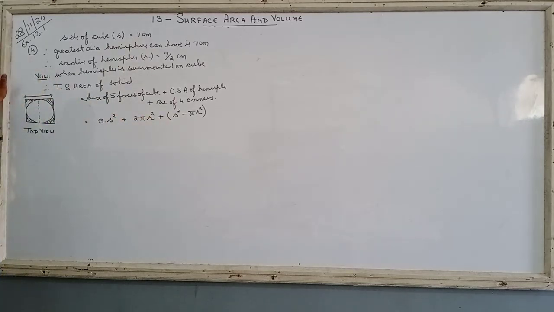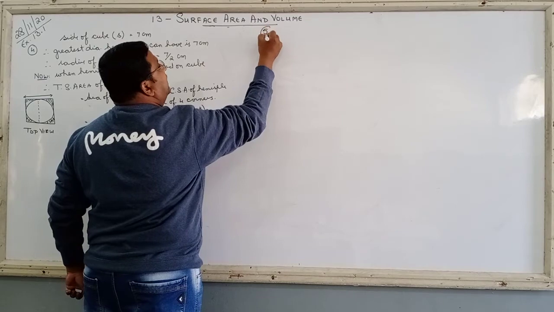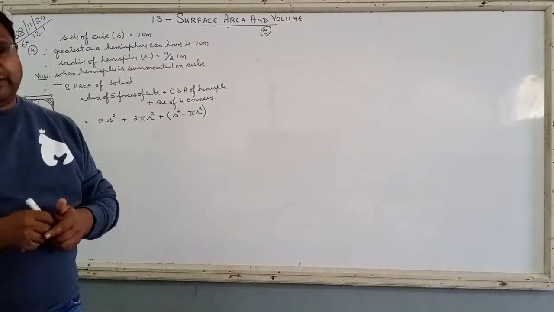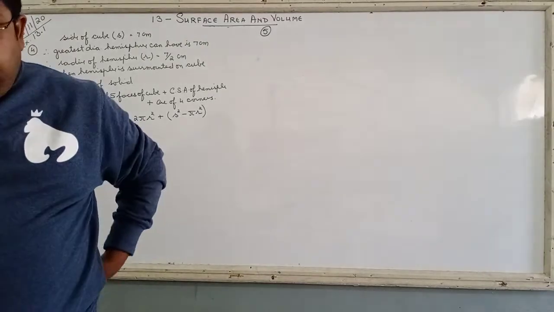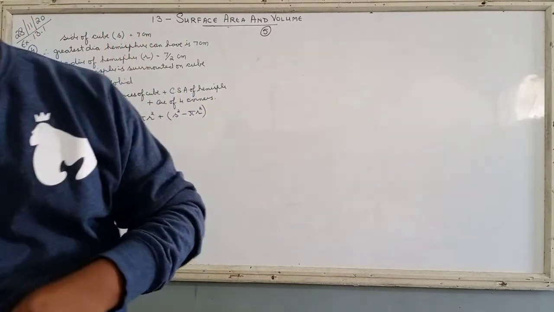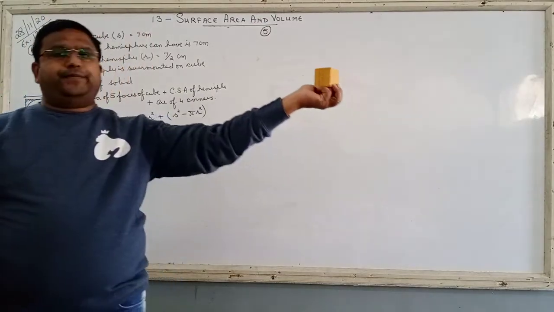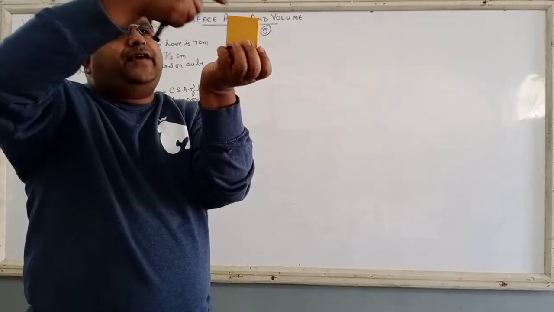Okay students, I'll leave this question for the time being over here. We'll come down to question number 5. Why? Check what is question number 5. It says, a hemispherical depression is cut out from one face of a cubical wooden block. Now same cubical wooden block I am taking, and from this I am taking out a hemispherical depression.